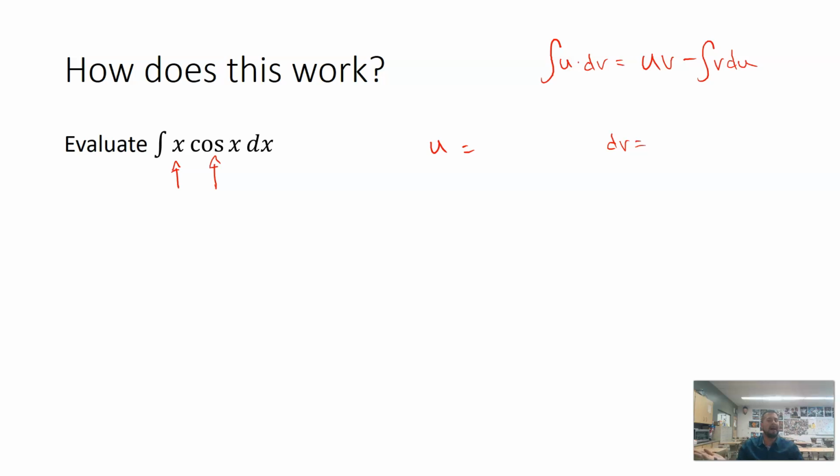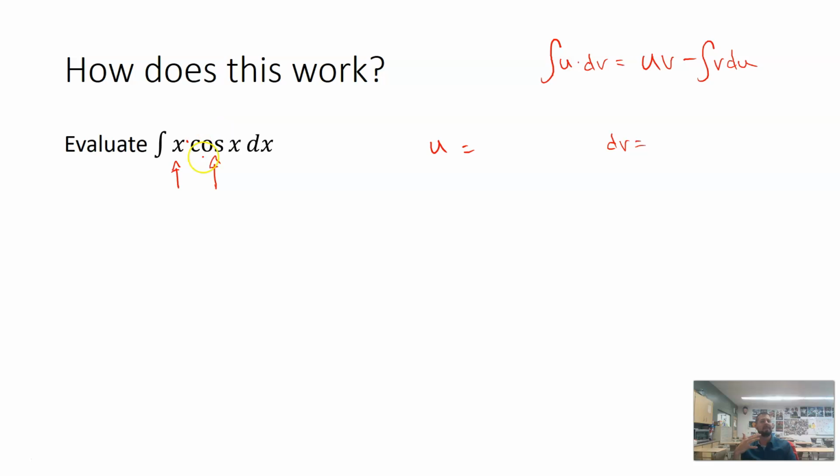The next thing you ask is, okay, if that criteria doesn't work, then when I take the derivative of either of these different functions, does it cause the exponent to go down in one of those two? Well, when I take the derivative of x, it becomes just 1.